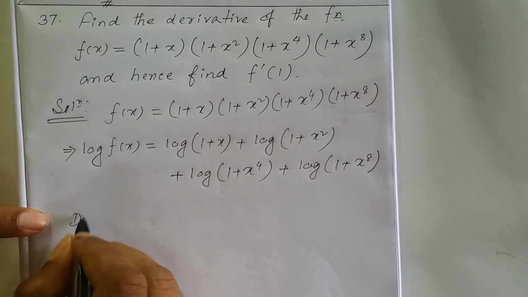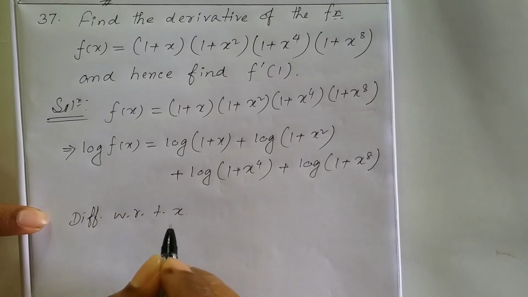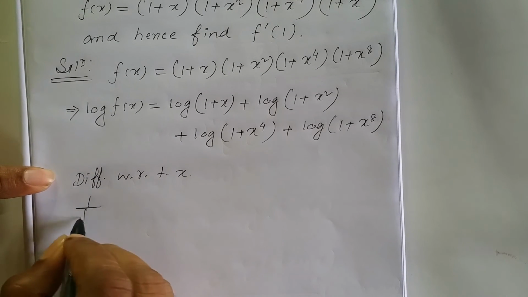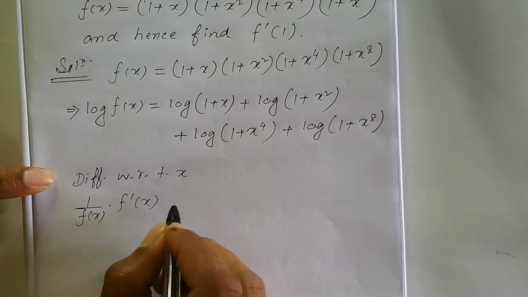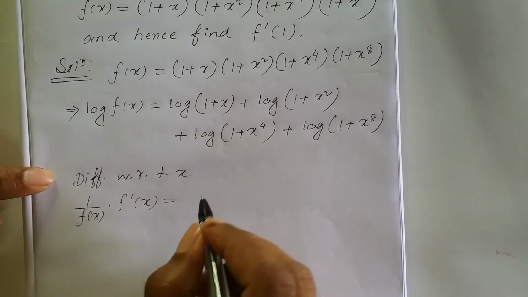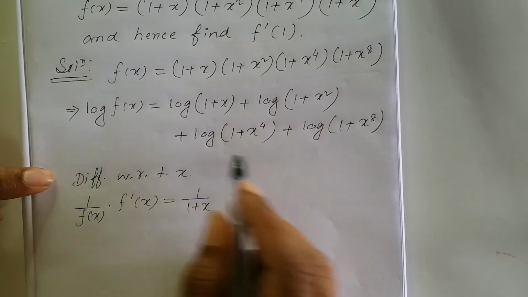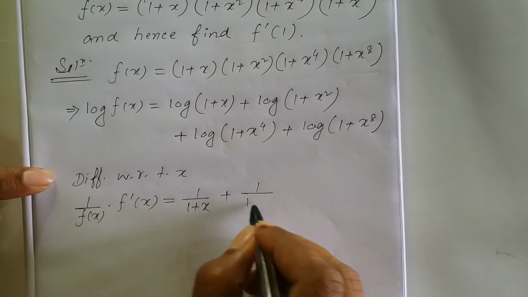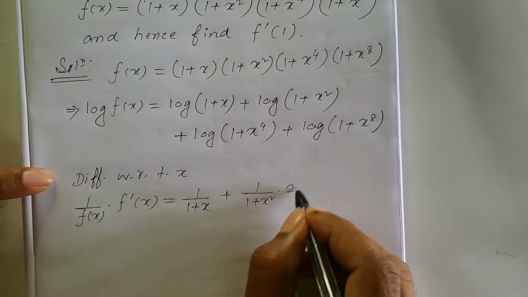So differentiating with respect to x, left hand side is 1 by f(x) into f dash x, is equal to log function derivative is 1 by 1 plus x, and then plus 1 by 1 plus x square, but this time the derivative of 1 plus x square is twice x.